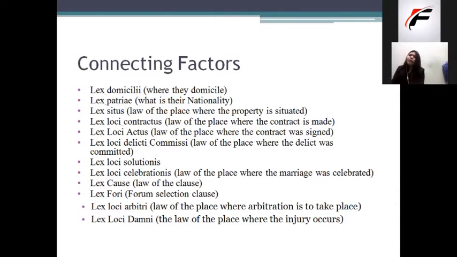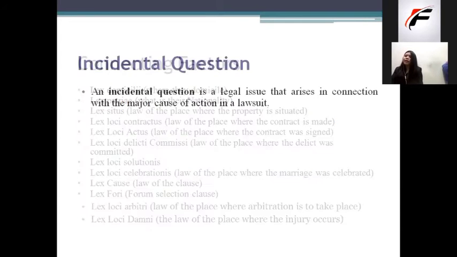And if Mr. A and Mrs. B have some property, is this going to be under Singapore law or Indonesian law? It's like that.